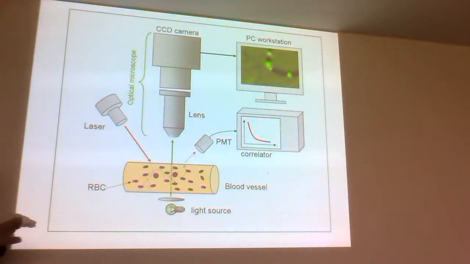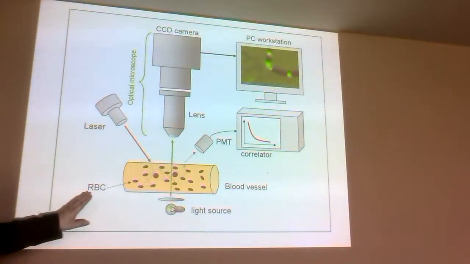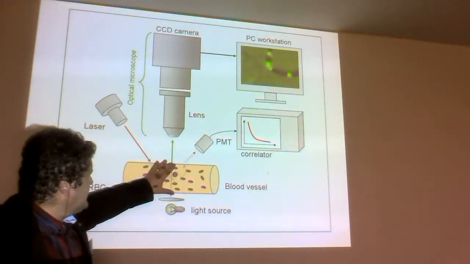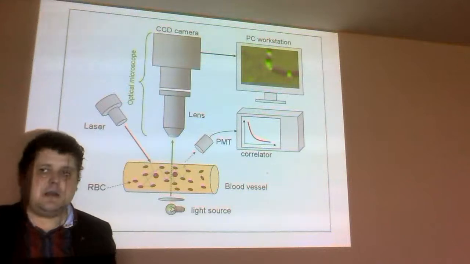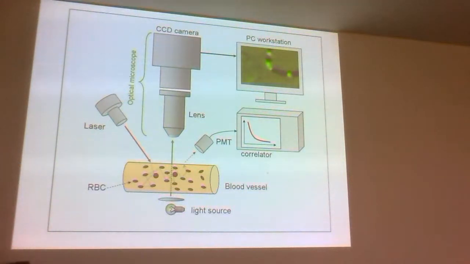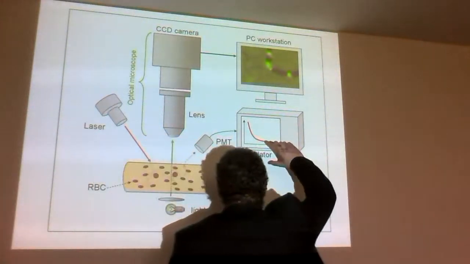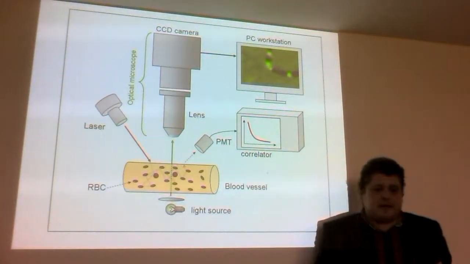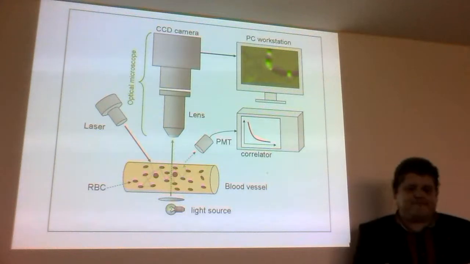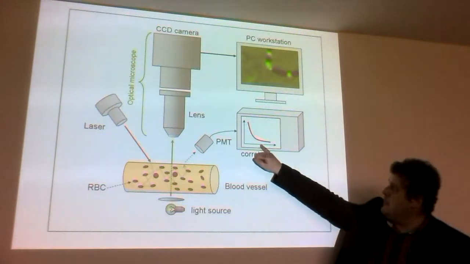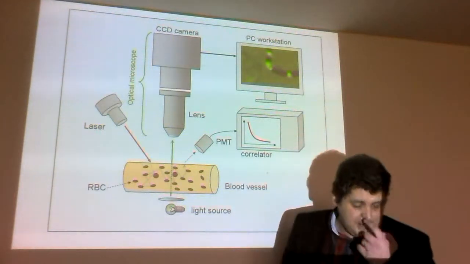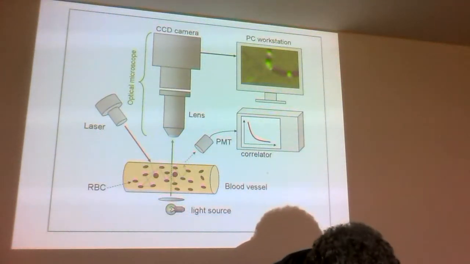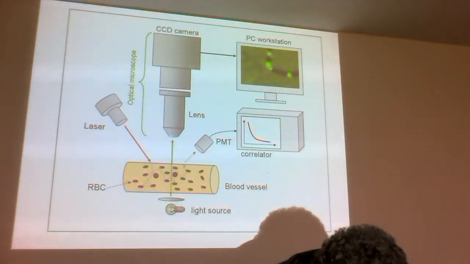And for that we developed a technique where one part uses the correlation function, and the other part makes images of actual blood flow. And we tried to cross-validate and find how we can extract the useful information from those measurements using the actual data of measurements.